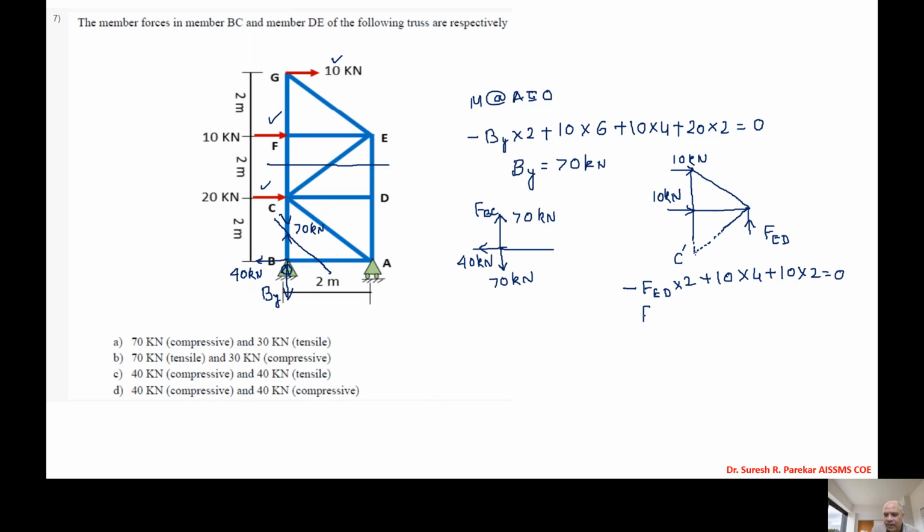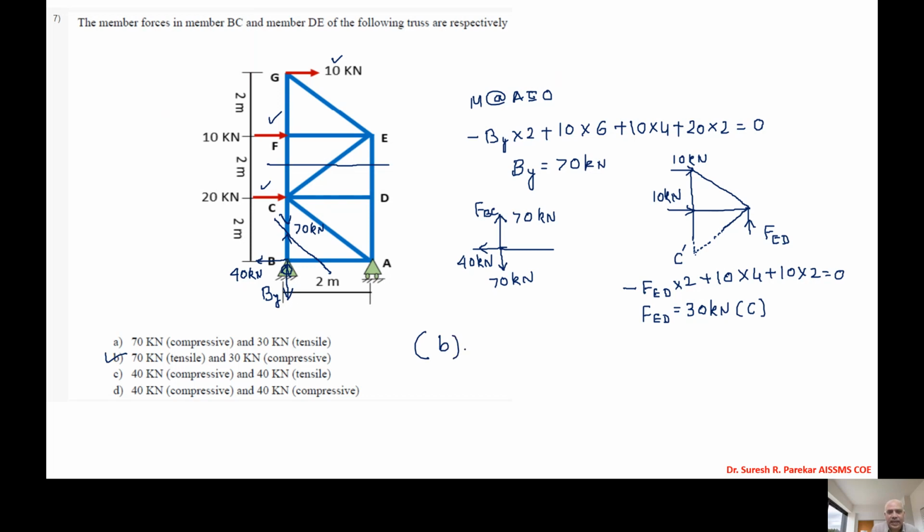And from this we will get FED equal to 40 plus 20 by 2, 30 kilonewton, and as the value is plus, the assumed direction is correct, compression. So 70 tension, and the next one is DE compression. So we have the answer for question 7, that is B.